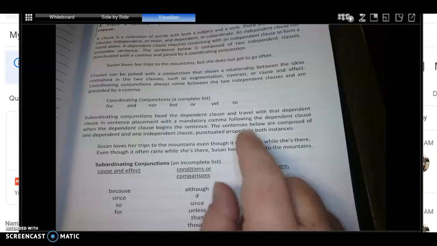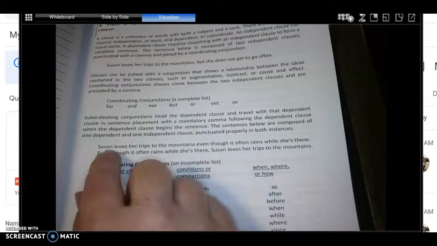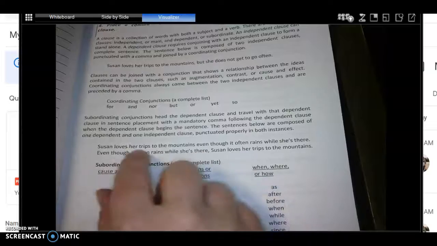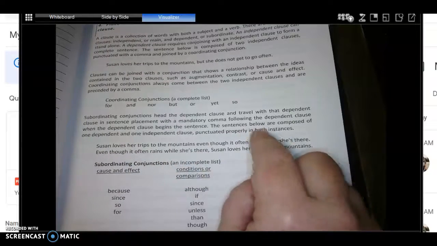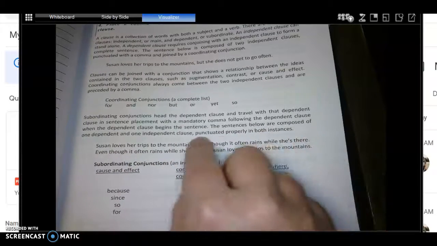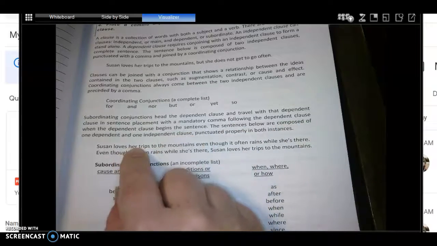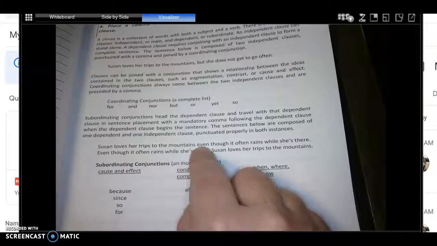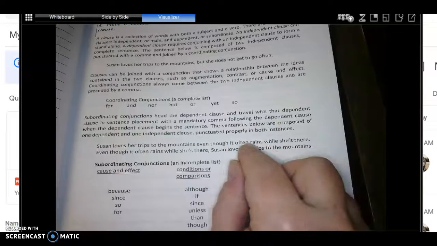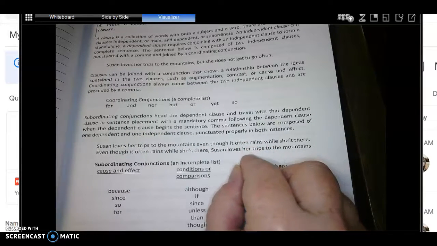Okay. Now, notice that our dependent clause, even though it often rains while she's there, is the same in both. So go ahead and label both of those with a D for the dependent clause. And then Susan loves her trips to the mountains, that's your independent clause. You're going to label it in both cases with an I because it's an independent clause.